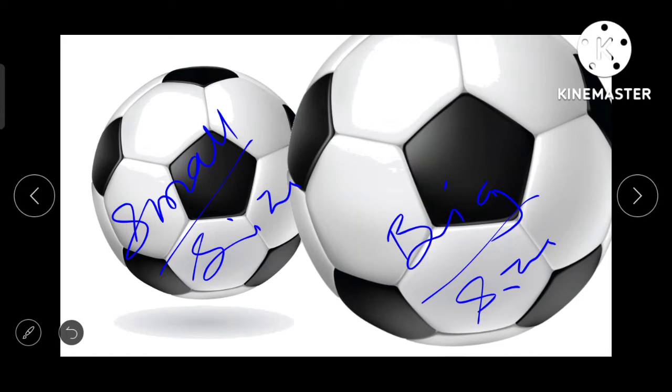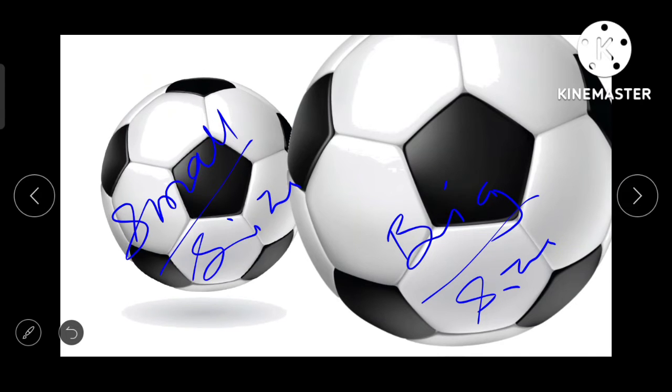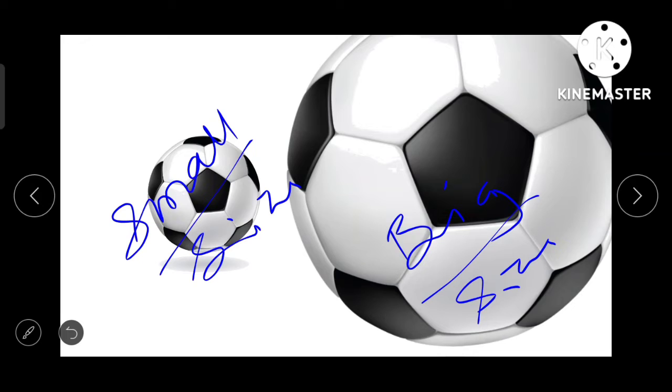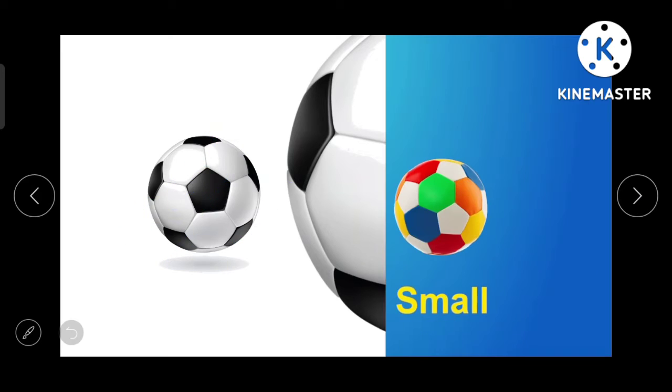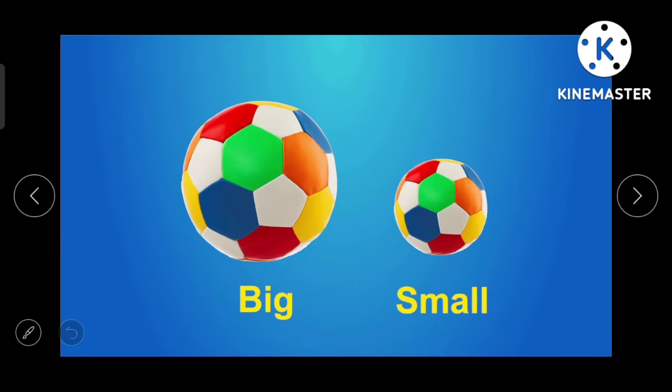So whenever we compare two objects on the basis of sizes, then we get small and big objects. Small, big. One more on the screen. This one is big in size and this one is small in size.